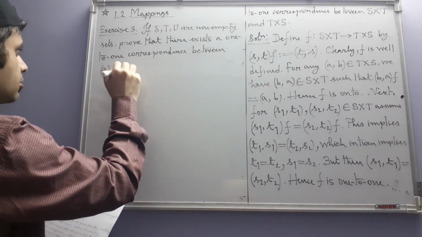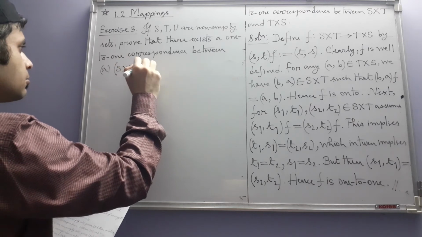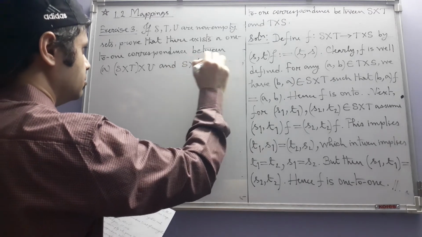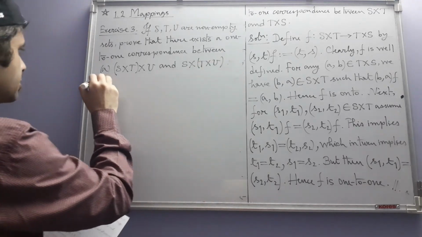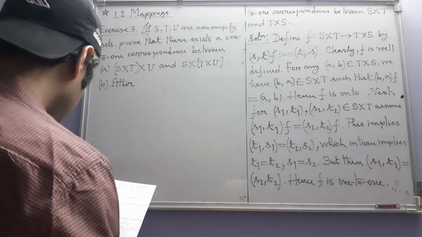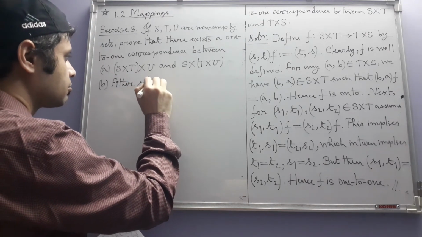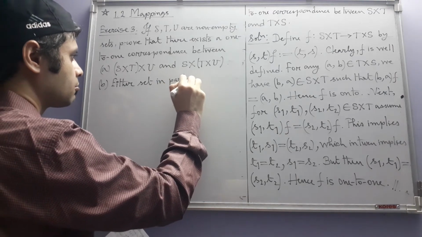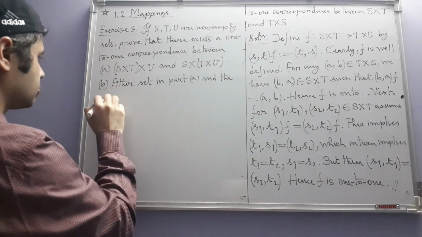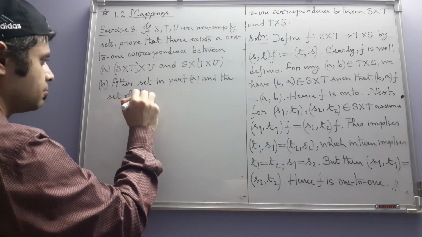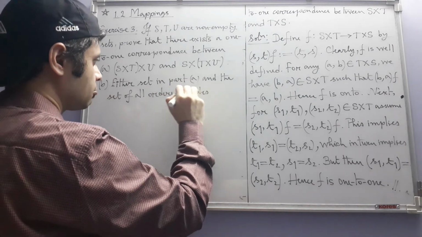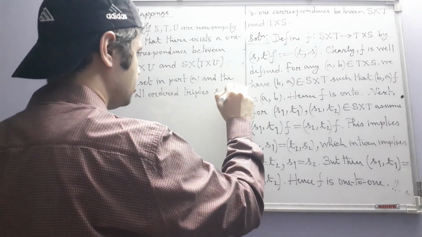Part A says S cross T cross U and S cross T cross U, and part B says either set in part A and the set of all ordered triples s comma t comma u.